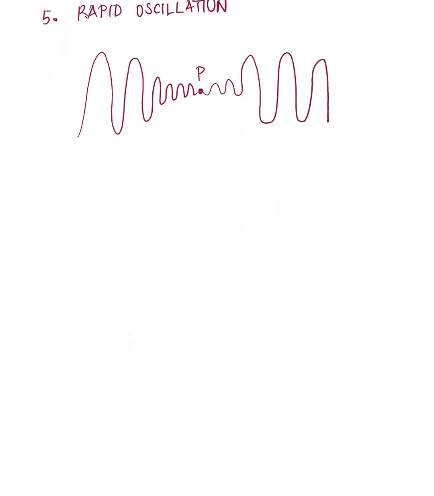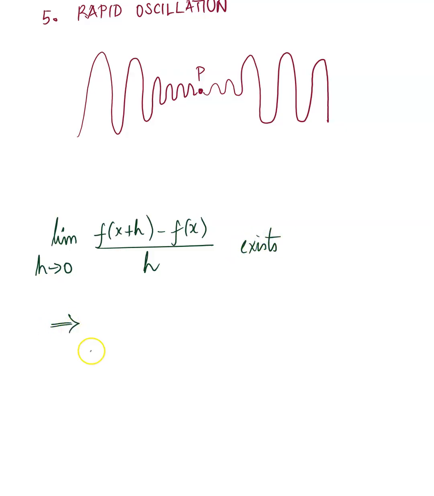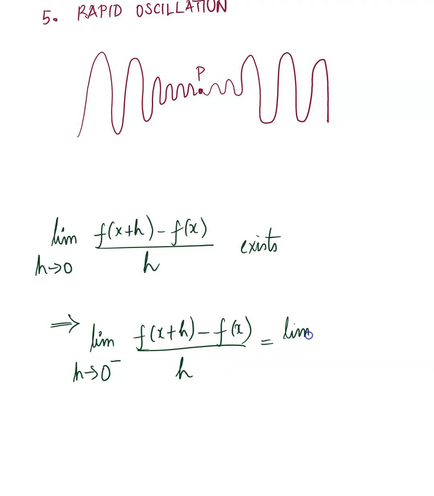So what this goes to say is, if the limit as h approaches 0 of f of x plus h minus f of x over h exists, it implies that the limit as h approaches 0 from the left must be the same as the limit as h approaches 0 from the right.